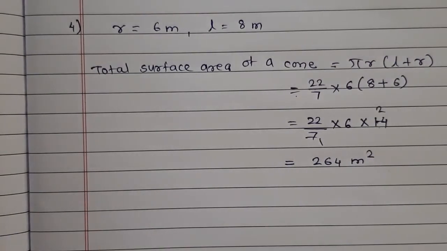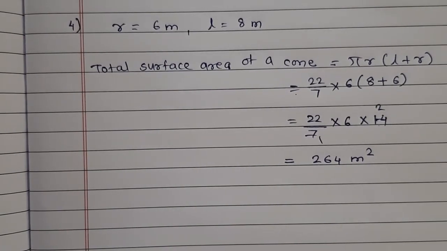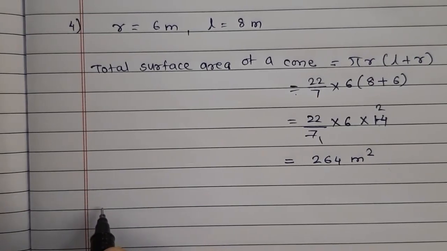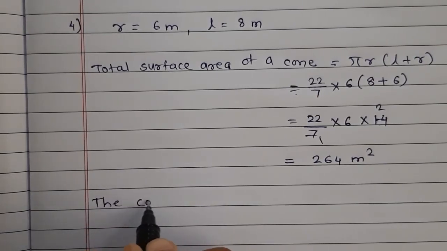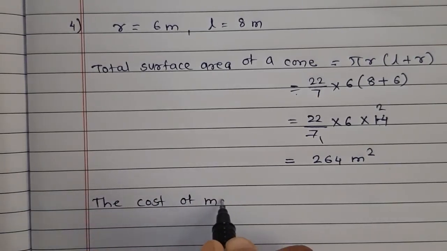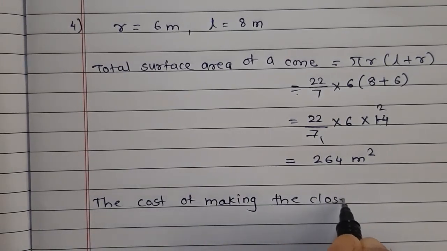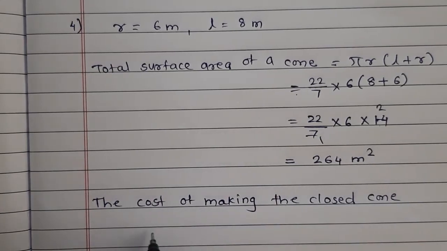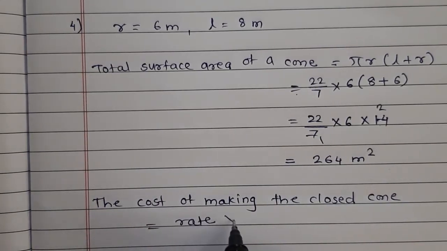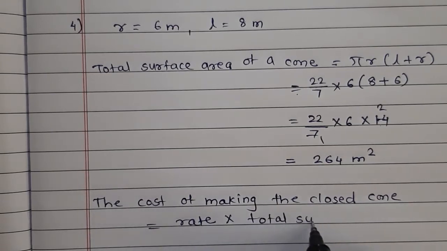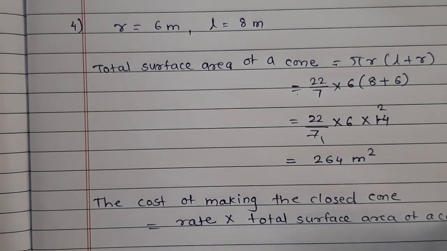Now here it is given that the cost of making the closed cone is rupees 10 per meter square. So here we can say the cost of making the closed cone equals rate into the total surface area of the cone.